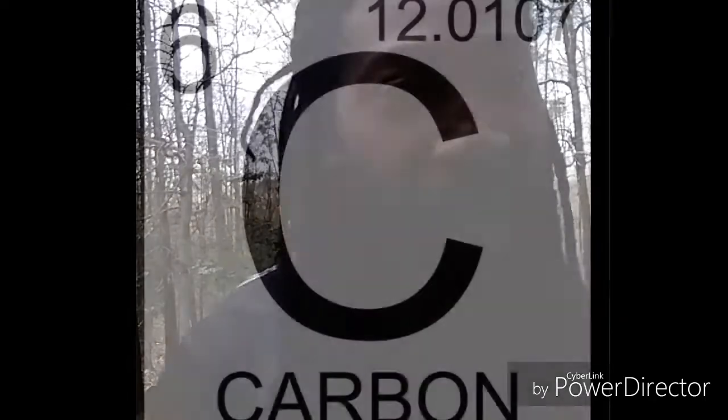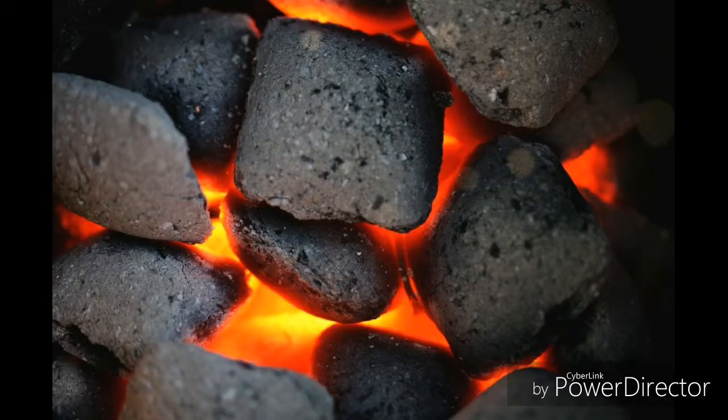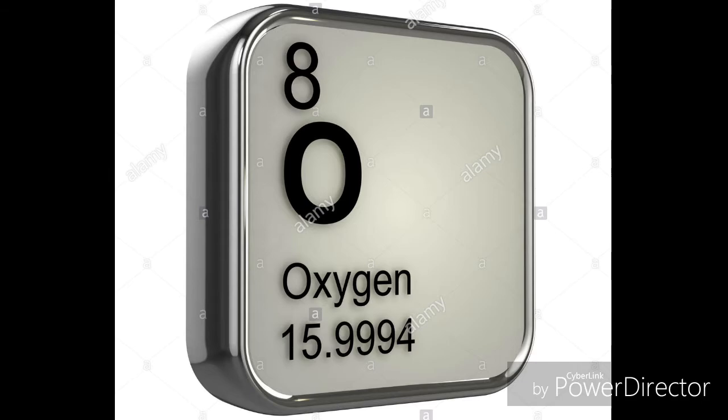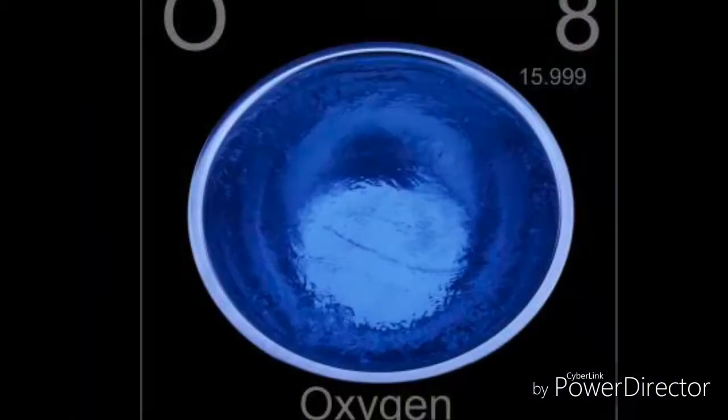Okay, for example, family, carbon in its solid form is black. Oxygen in its gas form is clear. Oxygen in its liquid form is blue.